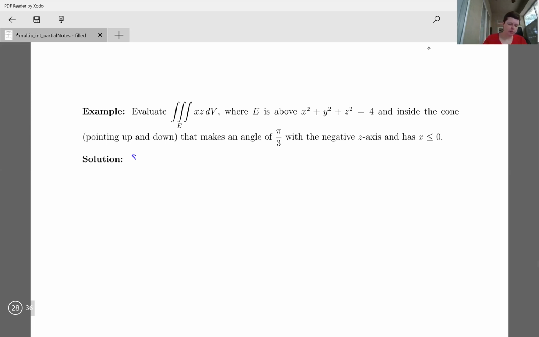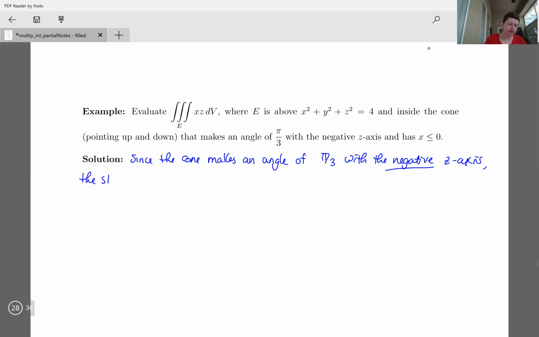All right, so since the cone makes an angle of pi over 3 with the negative z-axis here, right? But our angle phi is from the positive z-axis. So what's the starting angle?